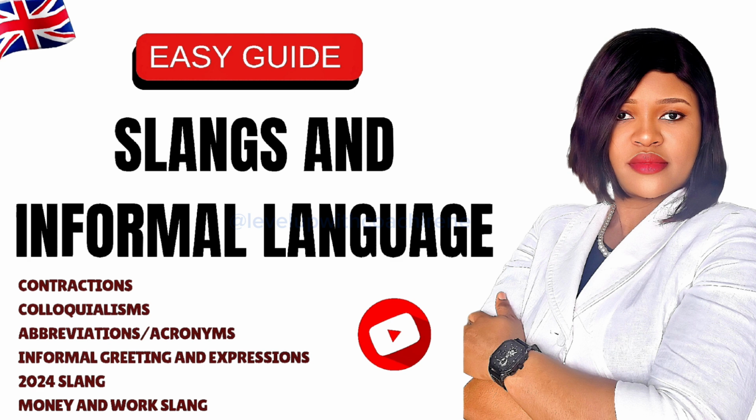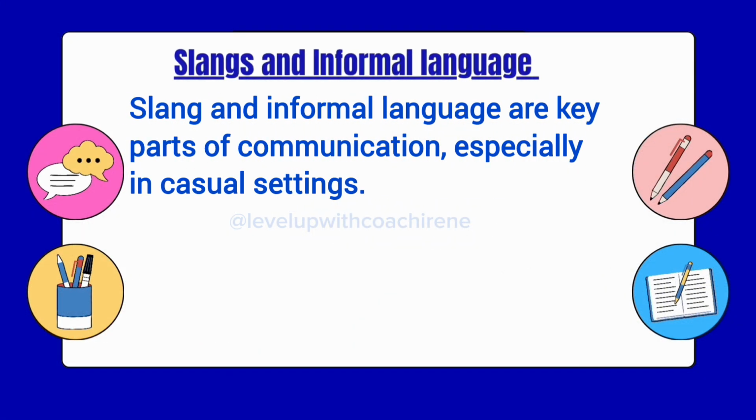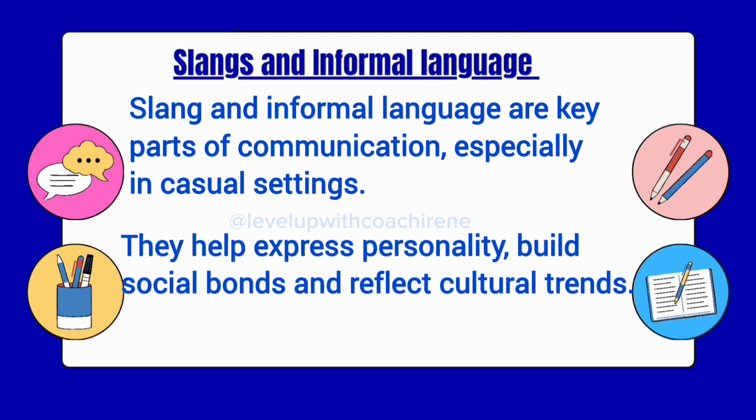In this exquisite video, we will be looking at slang and informal language. Slang and informal language are key parts of communication, especially in casual settings. They help express personality, build social bonds, and reflect cultural trends.